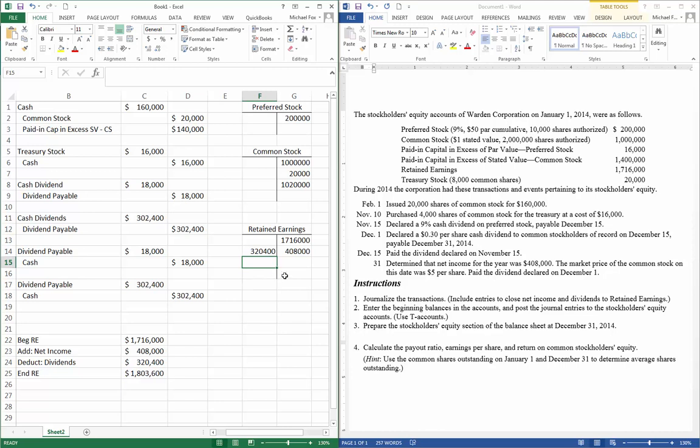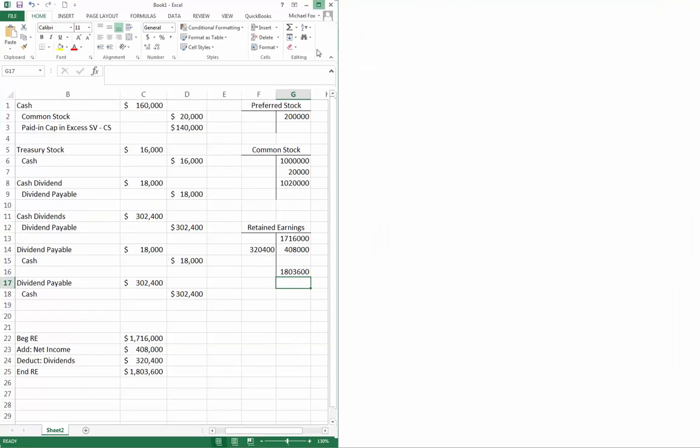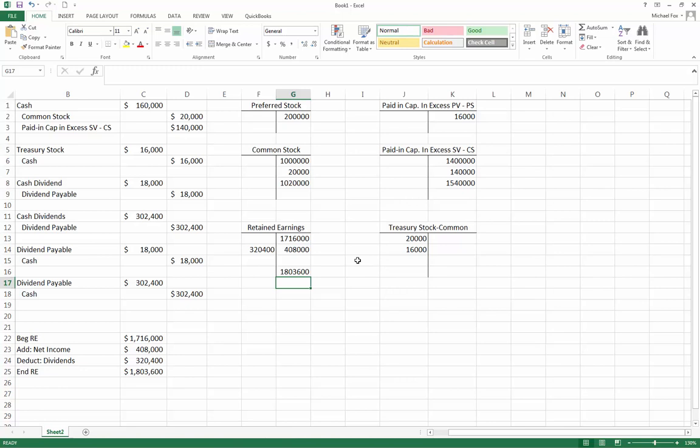And our new balance would be $1,803,600. And then our treasury stock of $36,000. So there's the balances on all of our accounts.